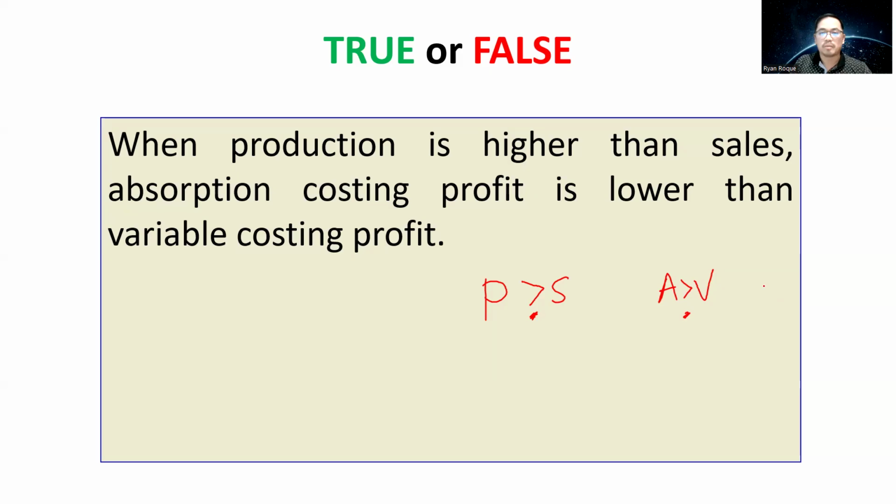But if you are comparing the inventory level, it's the other way around, because if P is greater than S, B is less than E. So what would be your answer in this item? The answer is false. Because if P is greater than S, A should be higher, not lower, than the variable costing method. Right.